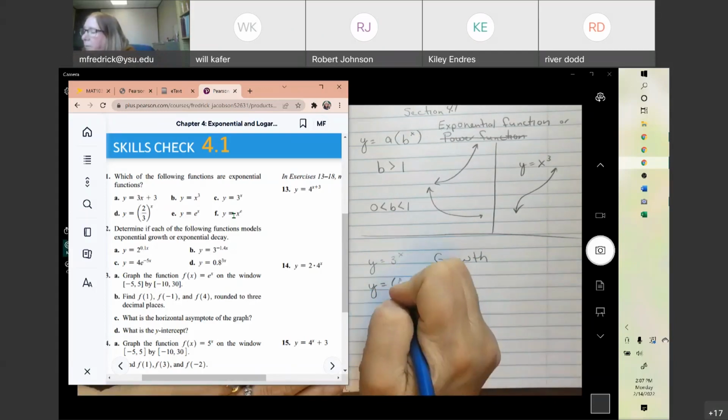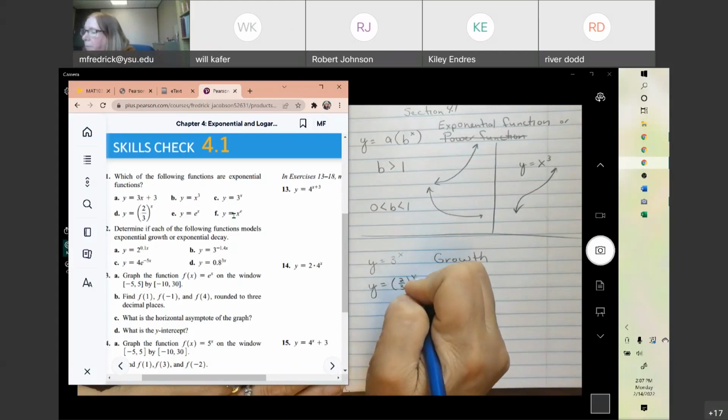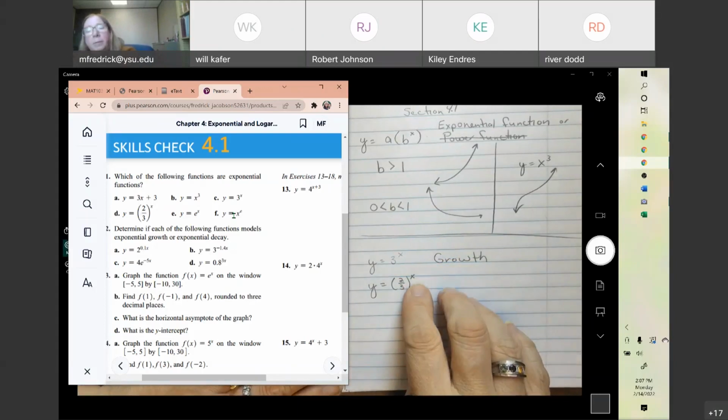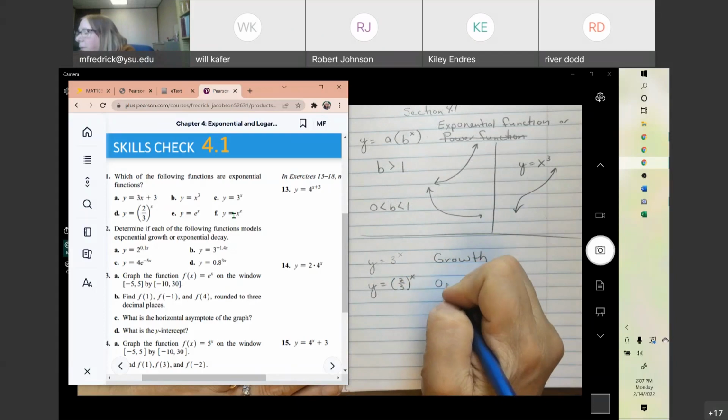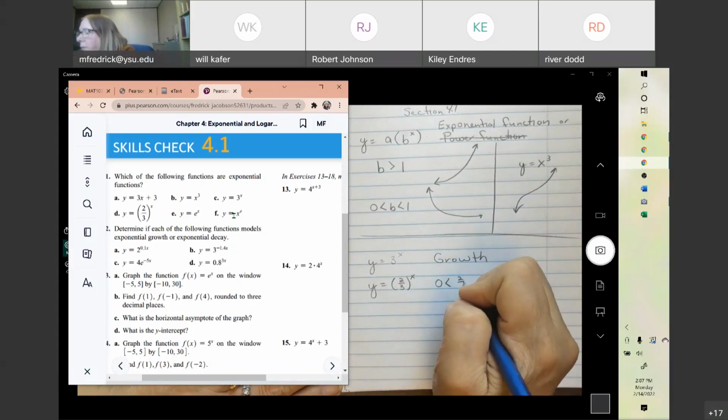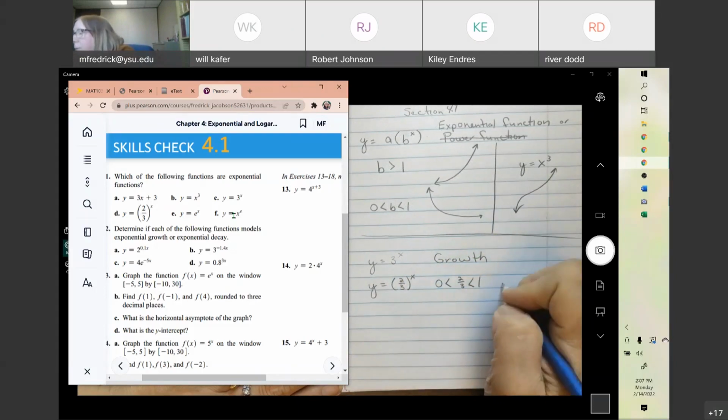D, again, x is in the exponent, so it is an exponential function, but 2/3 is between 0 and 1. So this exponential function is a decay.